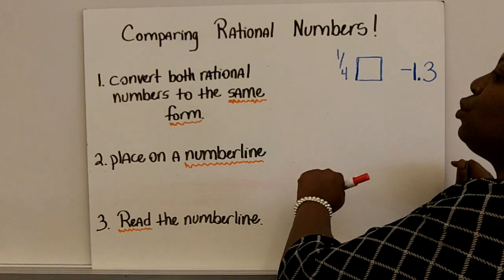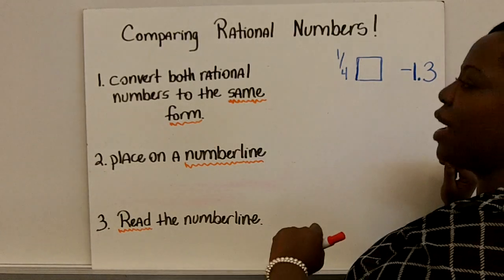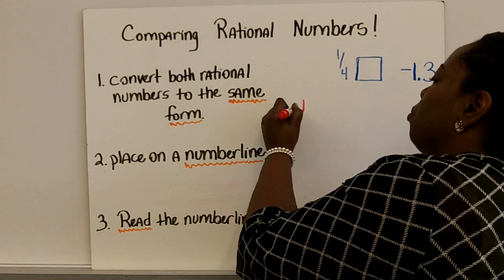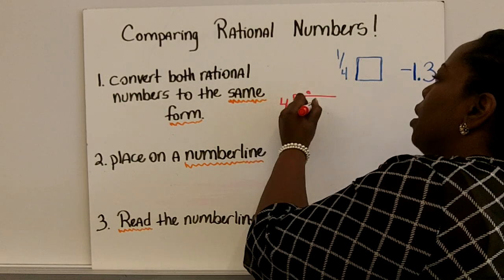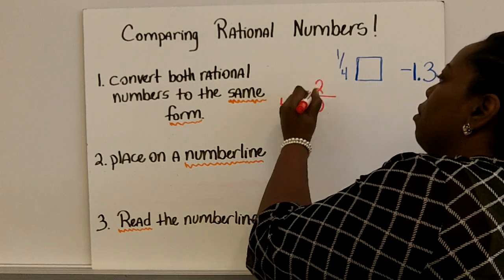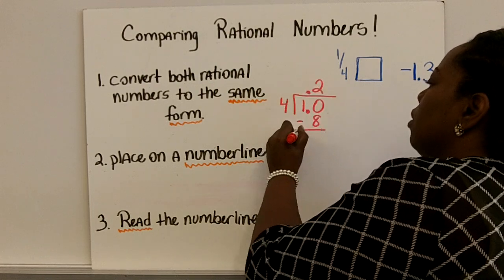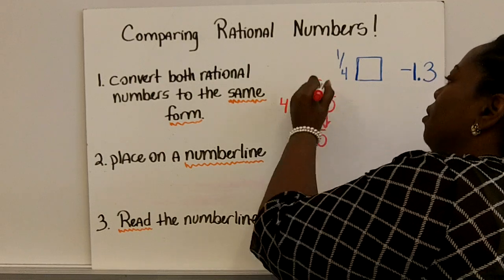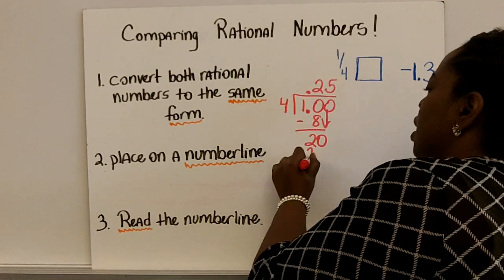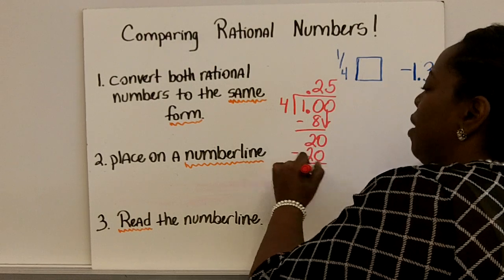So I'm going to change this fraction to a decimal. Numerator divided by denominator. The decimal point goes up. Add the 0. Bring down the 0. And what we have is 0.25.